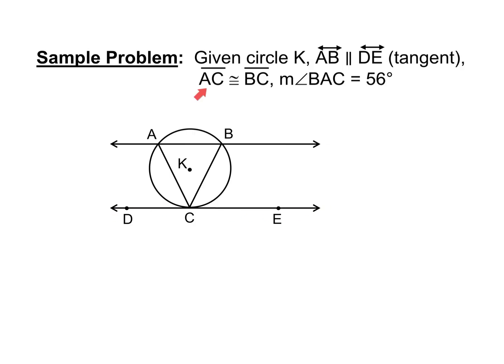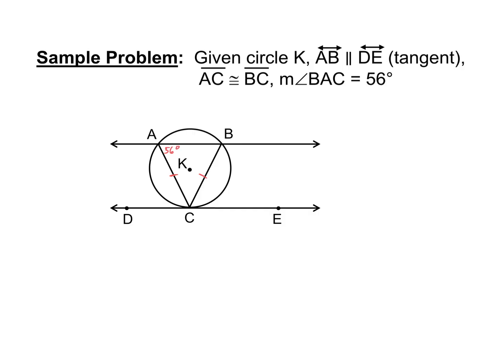And we're also told that segments AC and BC are congruent. I'm going to go ahead and mark those as congruent. And then it says that the measure of BAC is 56. So I'm going to write 56 degrees right there.